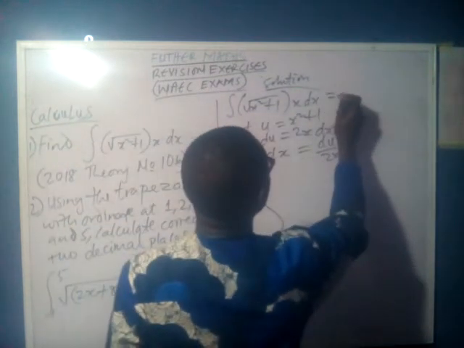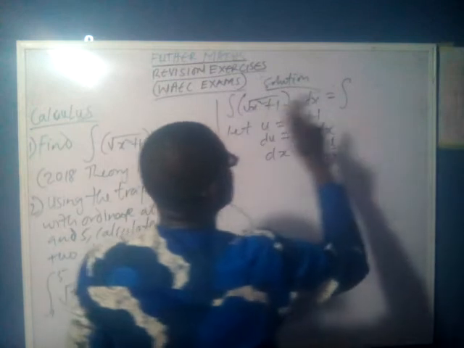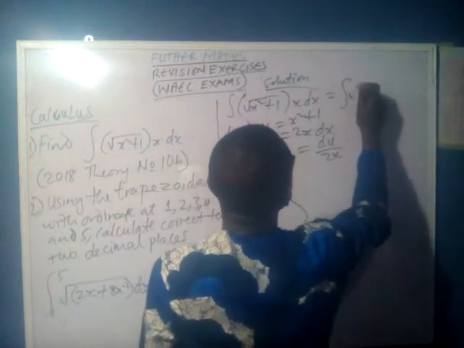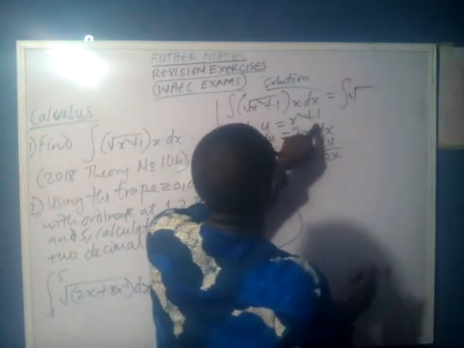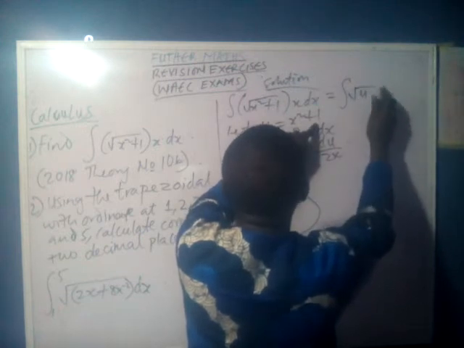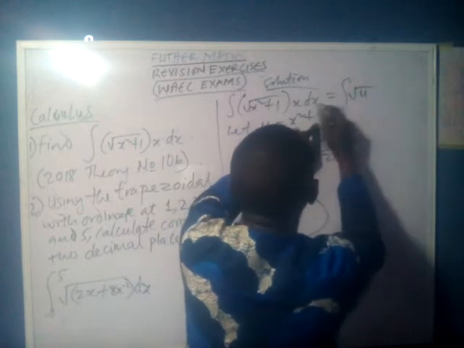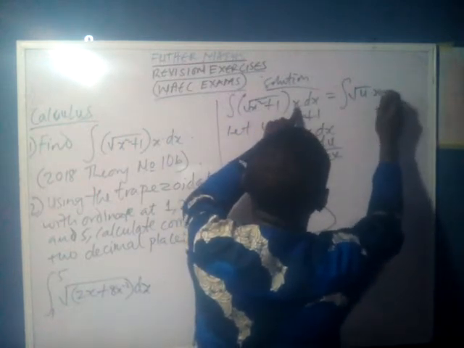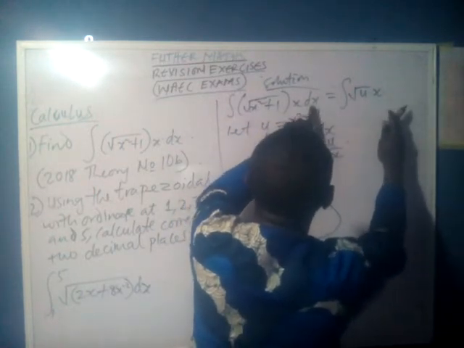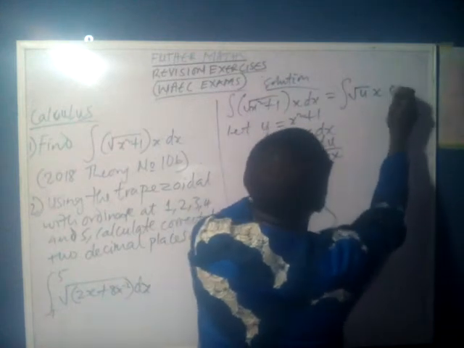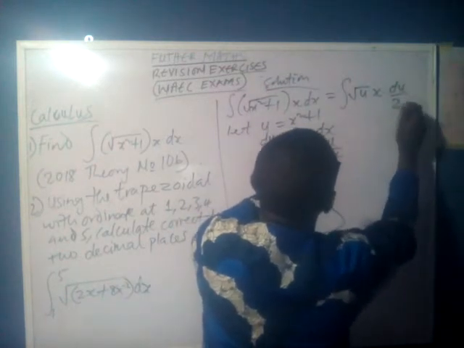Now we can substitute all of these inside this integral. So this integral becomes the integral of the square root of, instead of x squared plus 1, we put u, and then we have x here, that's x times dx, which is du over 2x.